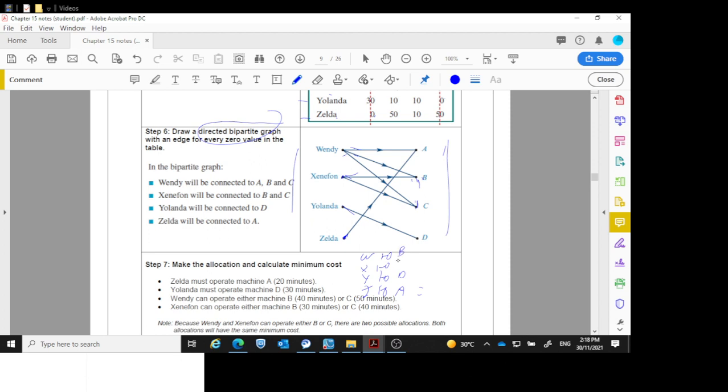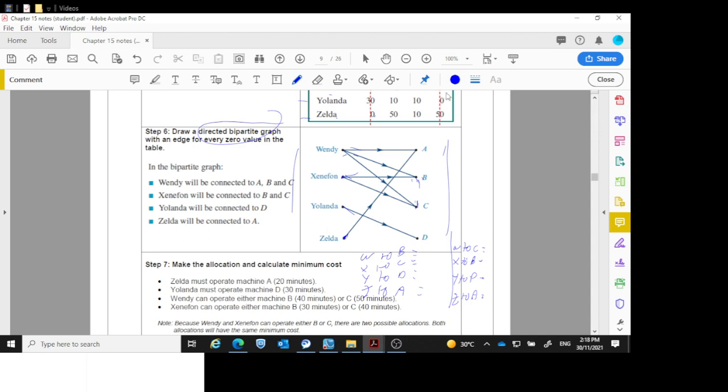I'm going to put Wendy B and this one C, work out this cost, but my other one here, W can go to C, X can go to B, and the other two still stay the same, and Zelda to A. So now you'll find it's exactly the same.